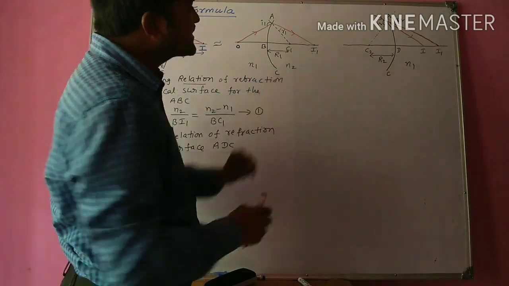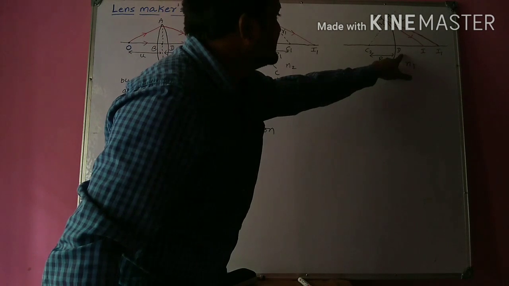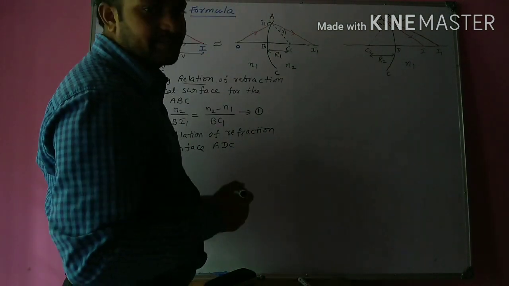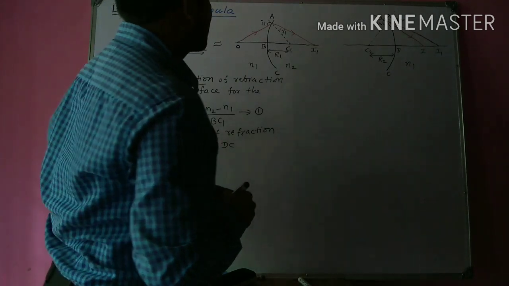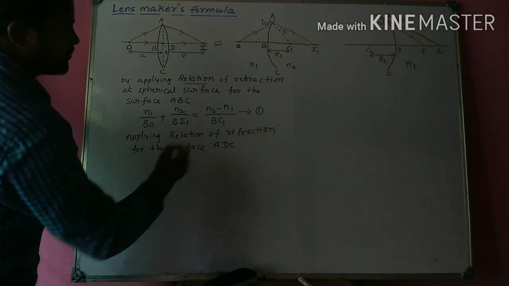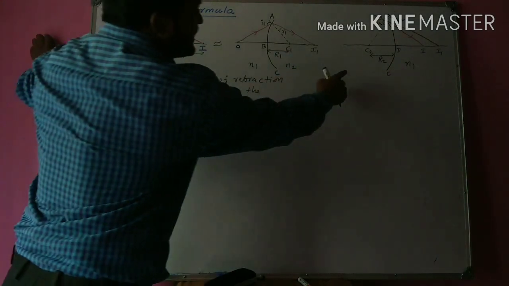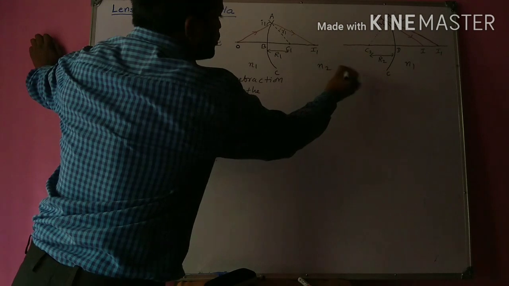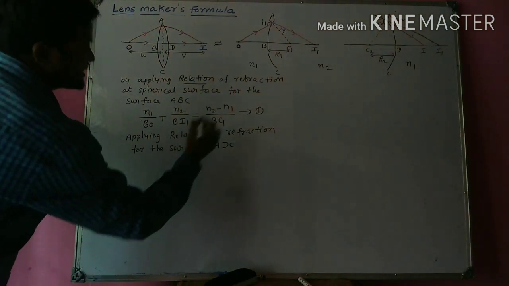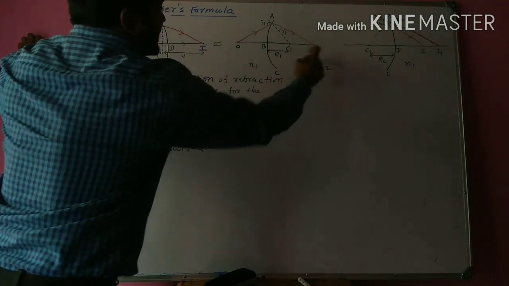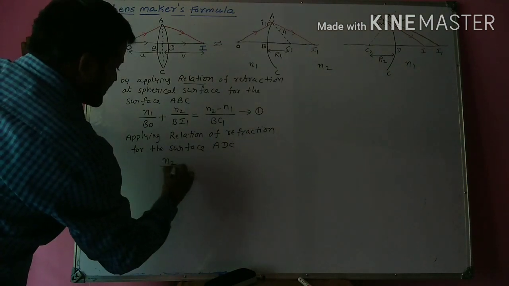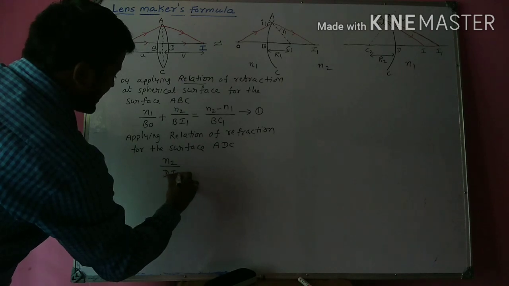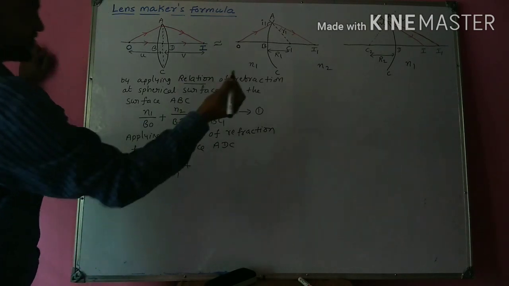So the object distance becomes DI1. DI1 is the object distance. In this medium the refractive index is N2, that is, the object space refractive index is N2. So N2 by object distance DI1, plus the image.